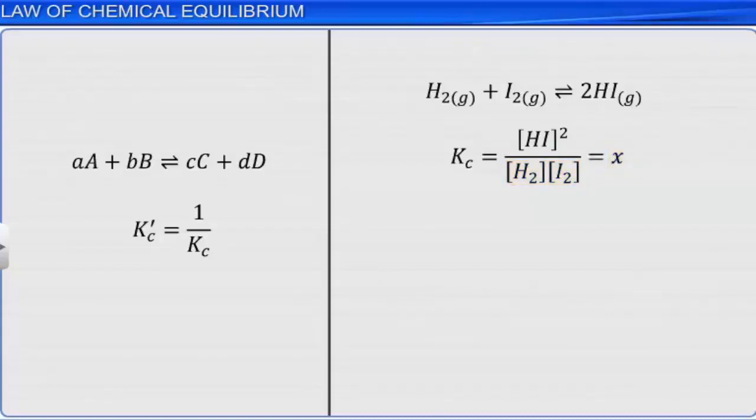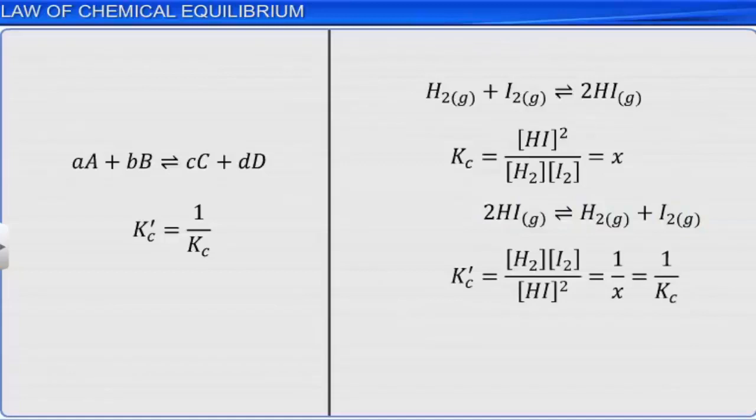Now, the equilibrium constant for the reverse reaction, hydrogen iodide disintegrating to form hydrogen and iodine, is written as K'c is equal to the product of the concentration of hydrogen and iodine divided by the concentration of hydrogen iodide raised to the power of 2.